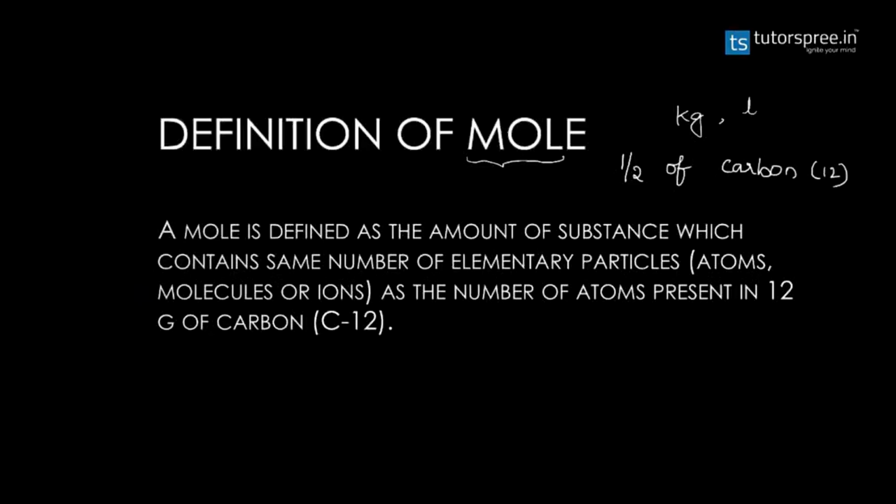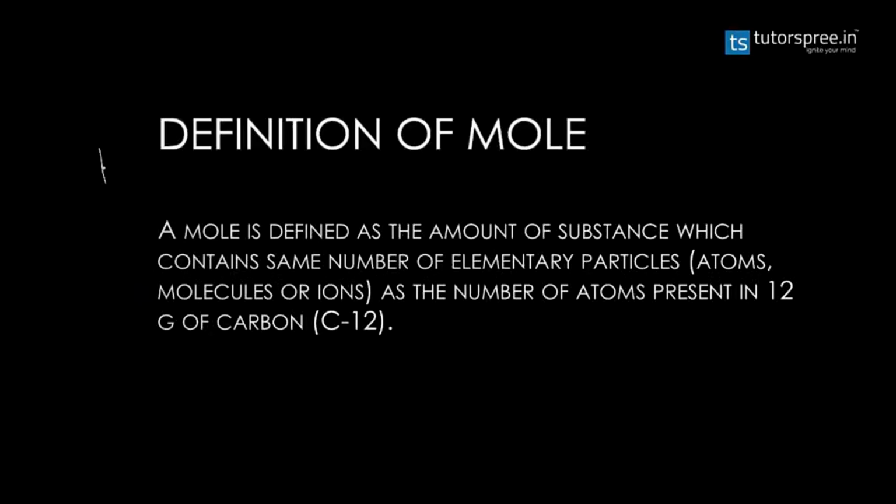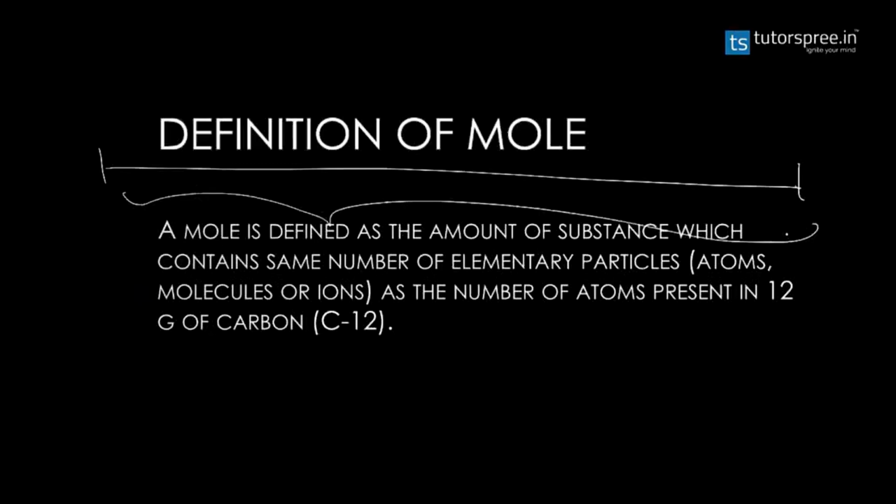Why do we take this? Because we need some standards. For example, if you are taking the meter, a scale which is there in the standard museum is taken as the standard for a meter, using which we calculate the centimeters or millimeters.